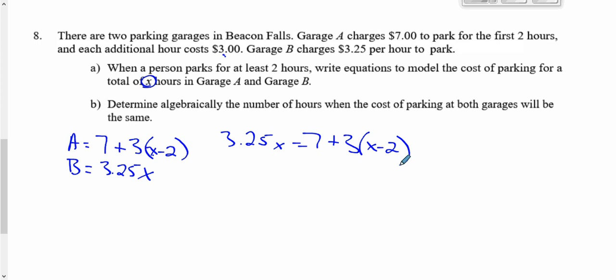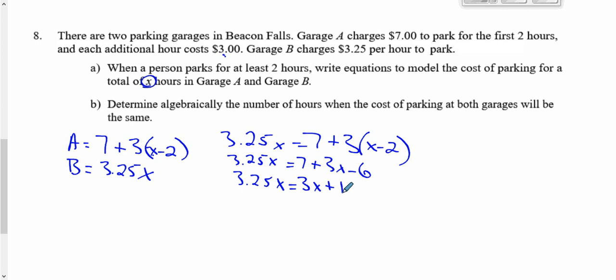So we keep this, equals 7 plus what? Minus 6, right? Now what do you want to do? That's right. 0.25x equals, let's lead with the 3x, what? Plus 1.